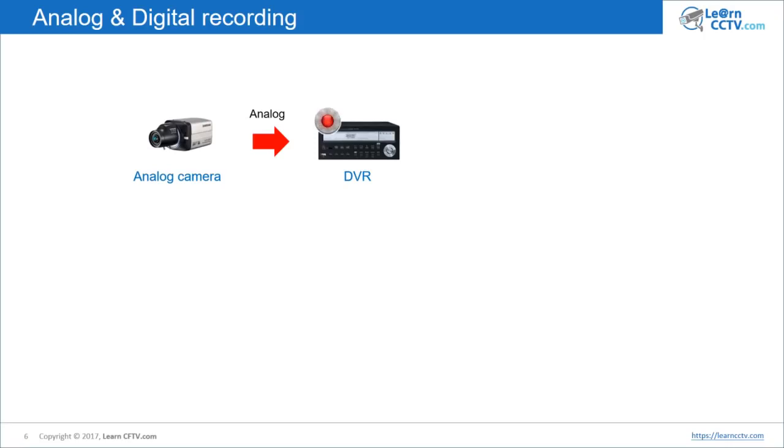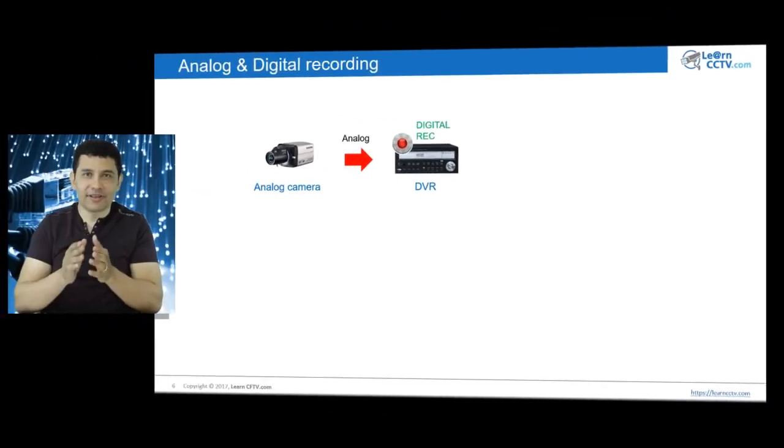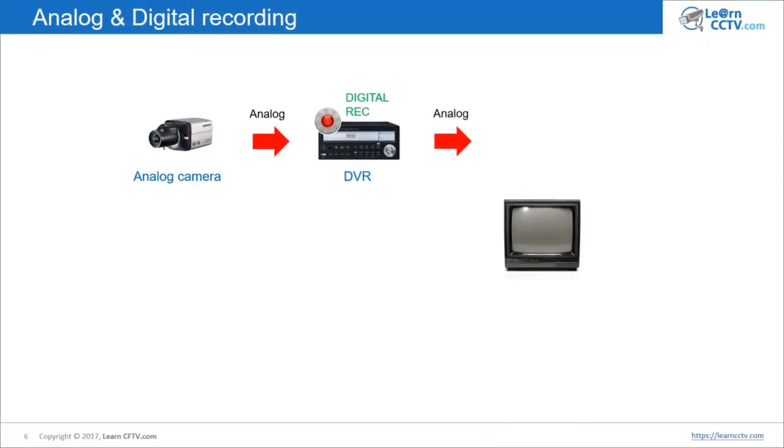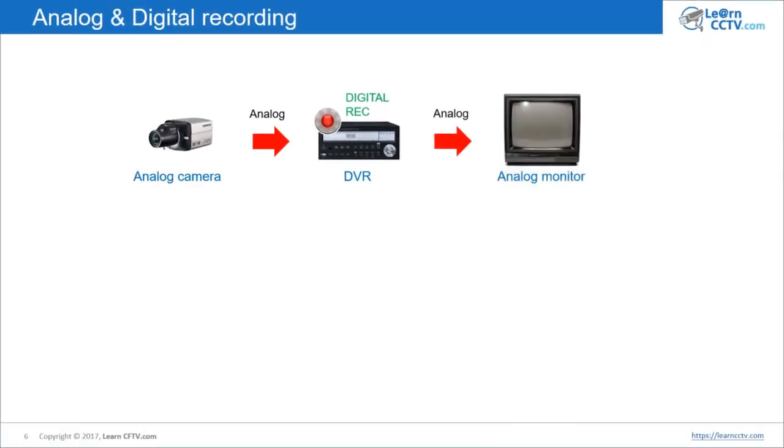And then you convert from analog to digital, and then you can record. You always record in digital format. You don't record TV lines, you record pixels, right? And then you can also send analog video directly to your monitor if you want to, because you can connect your camera to your DVR to your monitor directly using cables with analog signal.